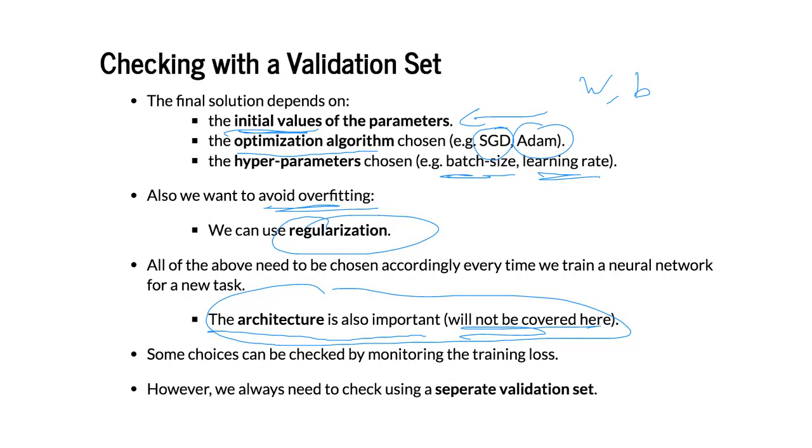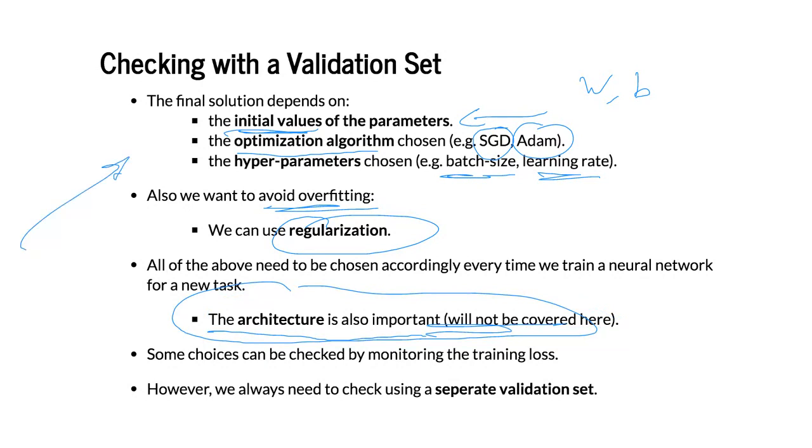Now, many of these choices we can check if they're good or not by looking at the training loss. For example, if you choose a learning rate that is very high, the loss is not going down, and the training is completely unstable, then you just stop the training and change the learning rate. So many of these things can be checked by the training loss.